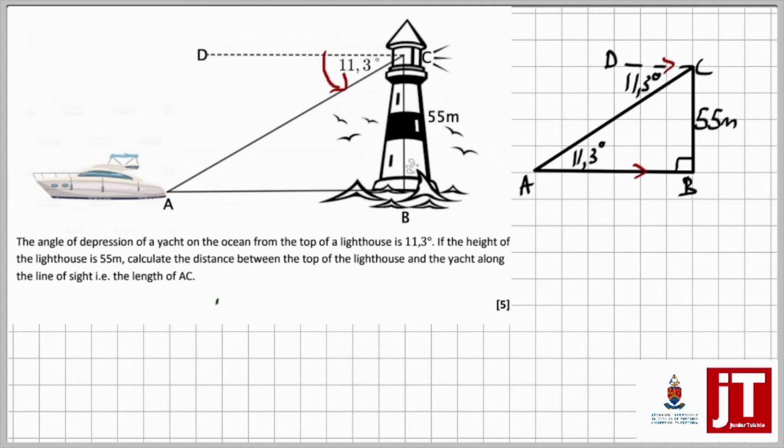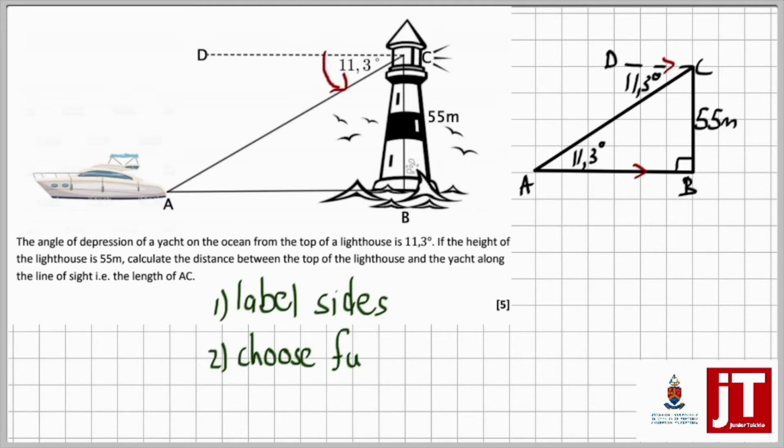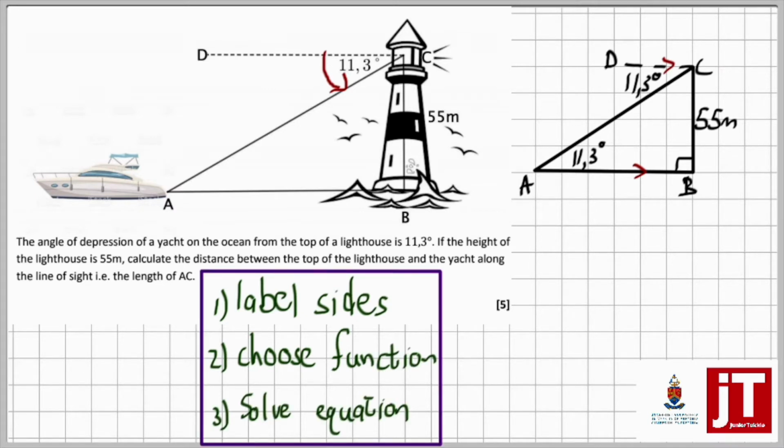What am I looking for? I'm looking for a side. I'm looking for AC. So I'm going to write out my 3 basic steps for calculating a missing side. Let's start by labeling the sides. There's adjacent, opposite, and hypotenuse because I'm looking from angle A. What am I looking for?